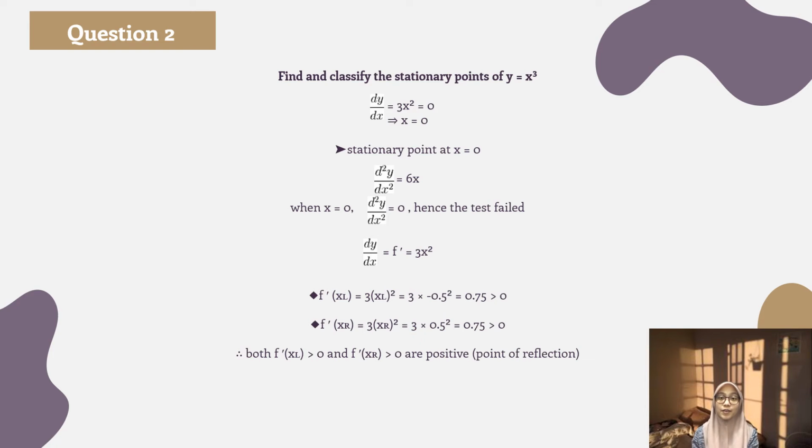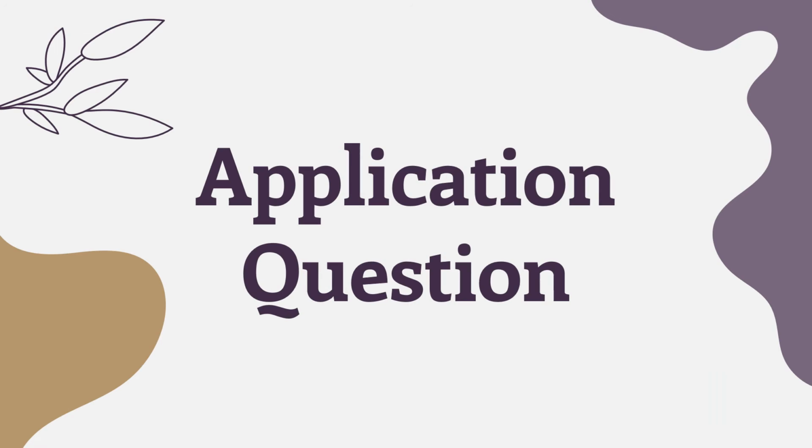And then f'(x_R) just to the right is 3x_R² = 3 × 0.5² = 0.75, which is more than 0. So both f'(x_L) and f'(x_R) are more than 0. They are positive, with the same signs. So our stationary point at x = 0 is a point of inflection.